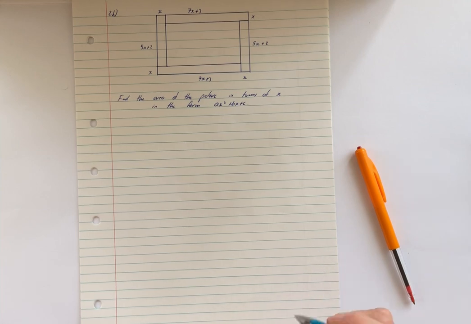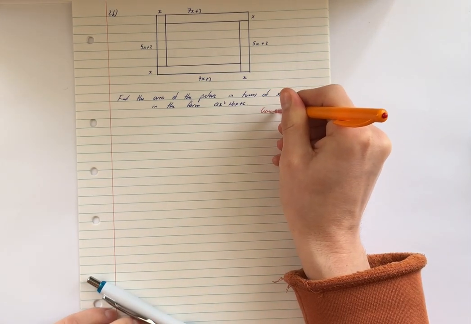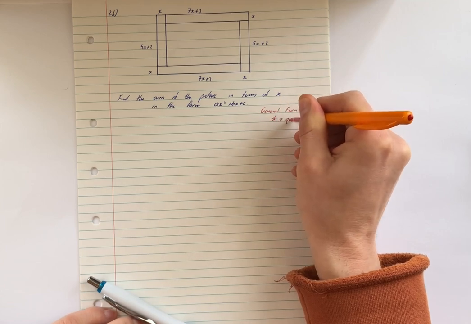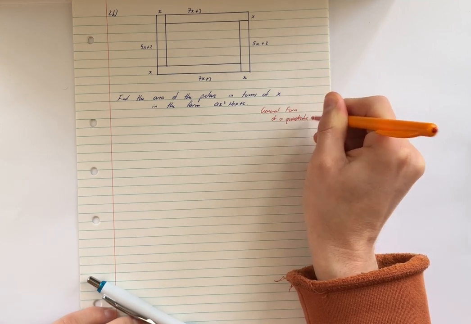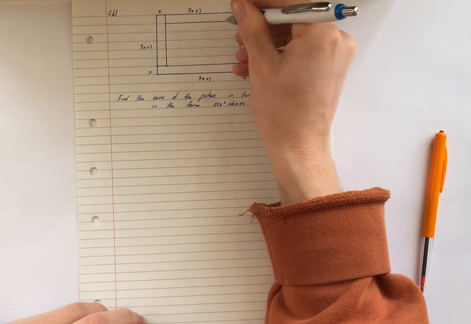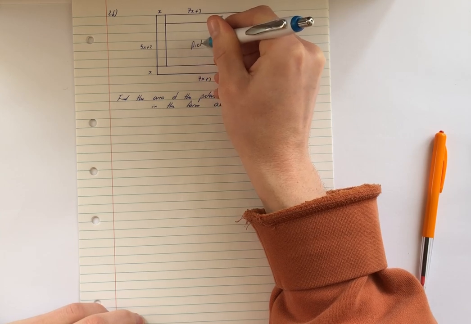Find the area of the picture in terms of x. And we want the area in the form ax squared plus bx plus c. So the general form of a quadratic. Okay, well, the width of this frame is x everywhere, and this is the picture.